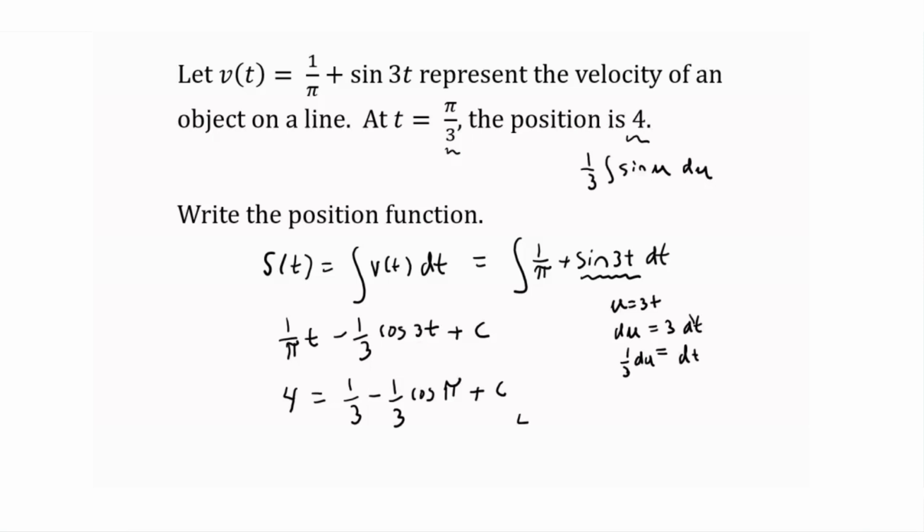So we get 4 equals 1/3 plus 1/3 plus c. If we solve for c, we get c equals 10 thirds. So my s of t function is going to equal 1 over pi t minus 1/3 cosine 3t plus 10 thirds.